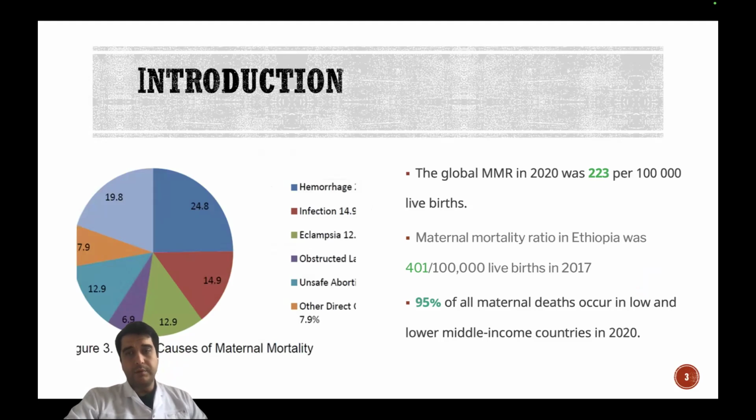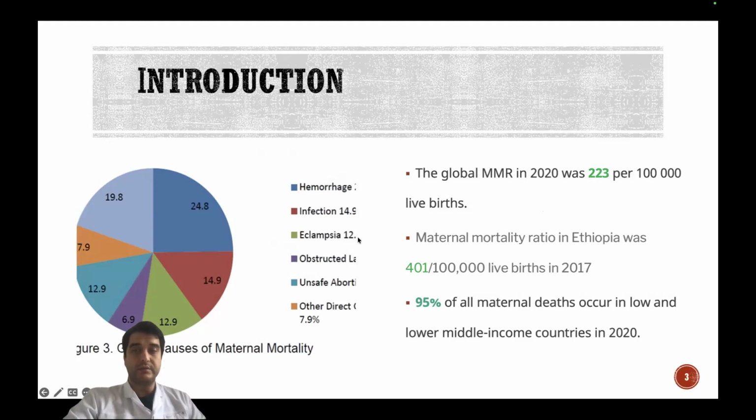Globally, the maternal mortality ratio in 2020 was 223 per 100,000 live births. It's the result of postpartum hemorrhage.